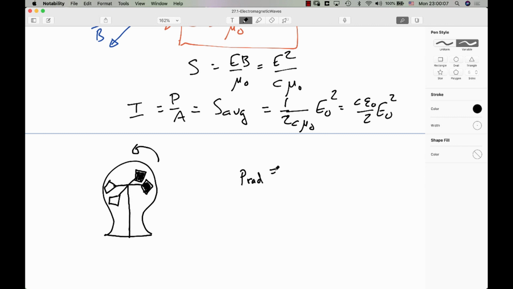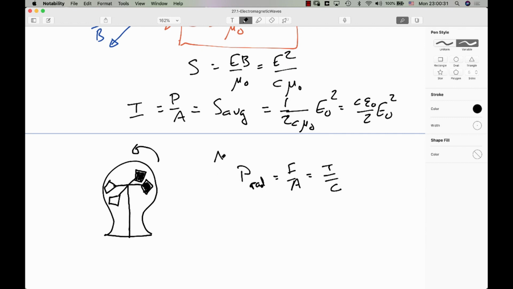So here we can write our radiation pressure, this F over A. This turns out to be I over c.